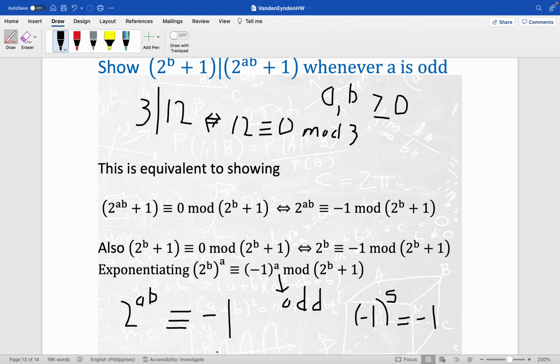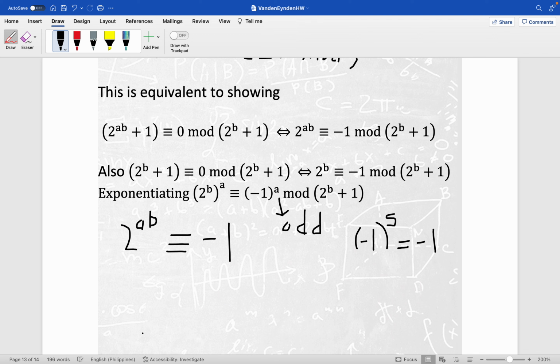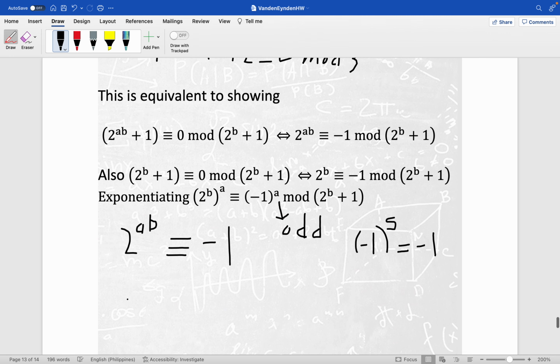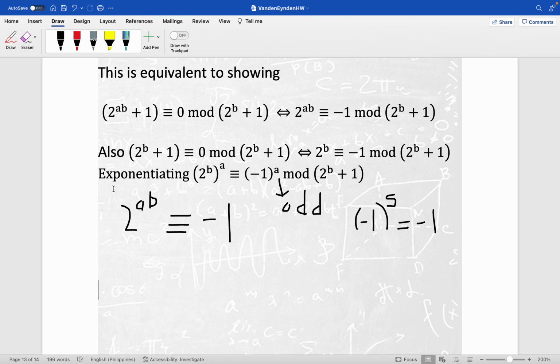Now let's look at a concrete example. I'm just trying to think of some relatively manageable numbers. Let's try 2 to the 3 times 4. You can see the 3 would be the odd one.